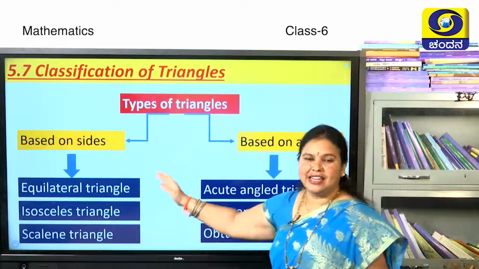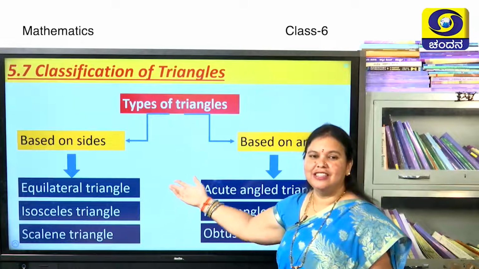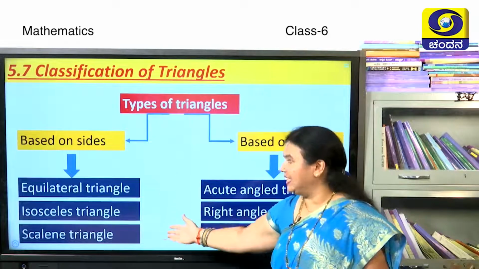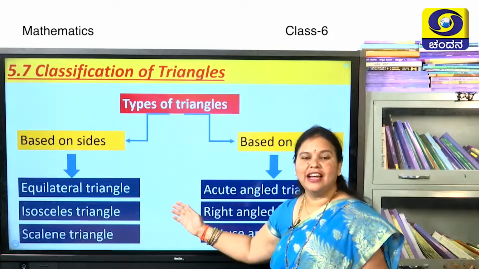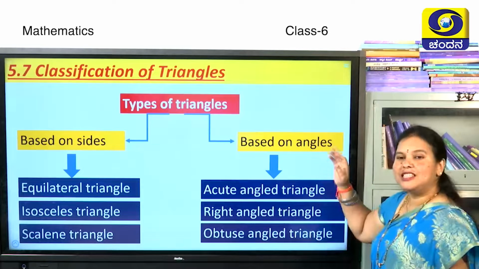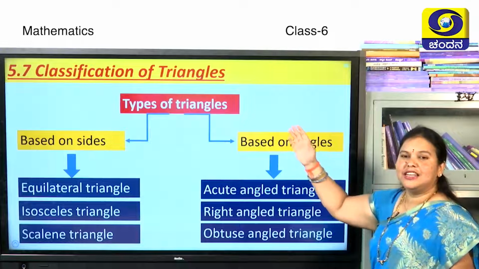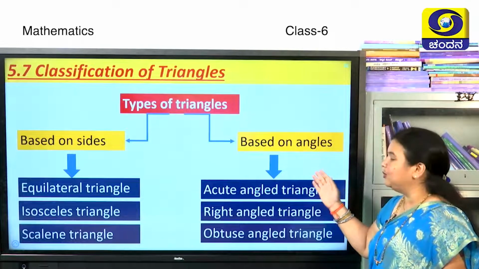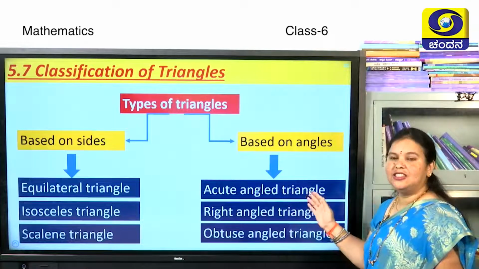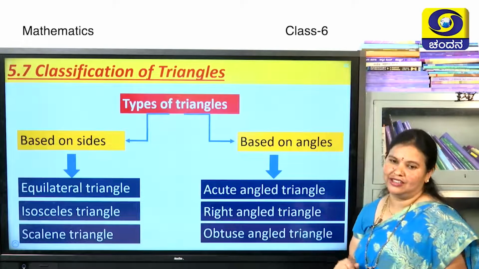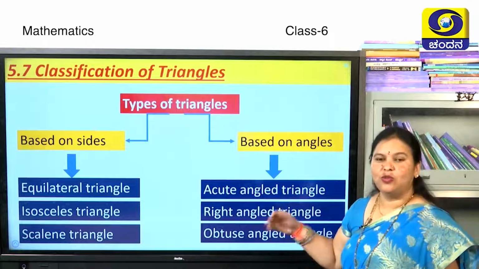Based on sides, we can again classify the triangles into three types. Those are equilateral triangle, isosceles triangle and scalene triangle. Based on angles, triangles can be again classified into three groups: acute angle triangle, right angle triangle and obtuse angle triangle. We'll study all these one by one.